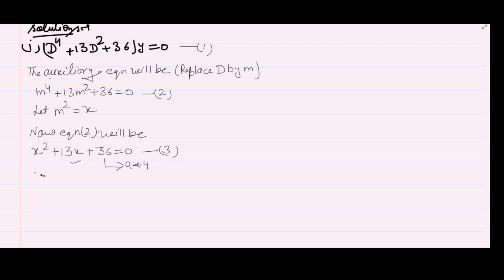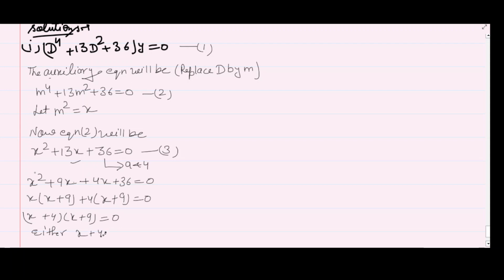Okay, so x square plus 9x plus 4x plus 36 that is equal to 0. Now we can take x as common, then x plus 9 and plus 4 as common, x plus 9 that is equal to 0, and now we will have x plus 4 and x plus 9 that is equal to 0, right?